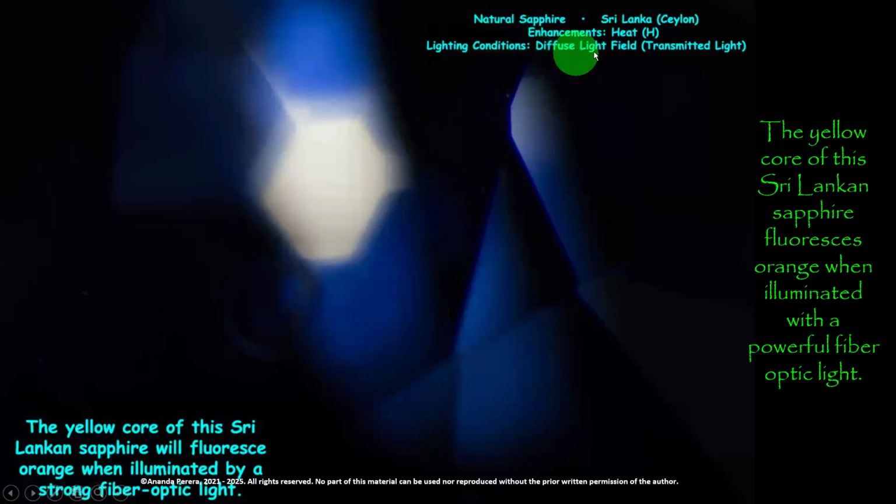Lighting condition here is diffuse light field, transmitted light. Then it is a heated sapphire from Sri Lanka. The yellow core, you can see some yellow color, a little yellowish glow of the Sri Lankan sapphire. Fluorescence is orange.